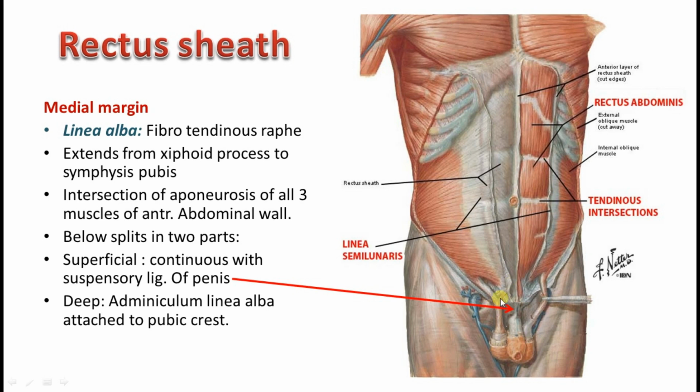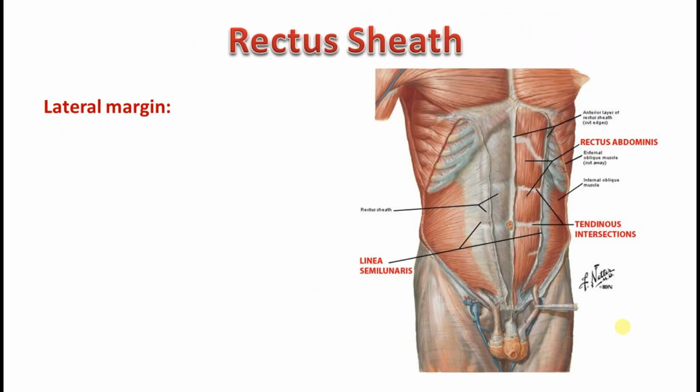A triangular expansion which is actually getting inserted into the pubic crest. It is called the adminiculum linea alba.